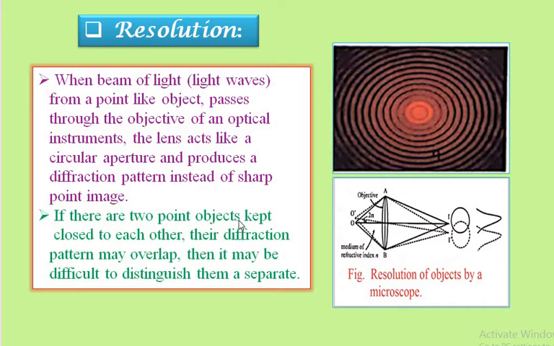If there are two point objects, see here in the figure, O and O dash are the two point objects kept close to each other, their diffraction patterns may overlap, then it may be difficult to distinguish them as separate.